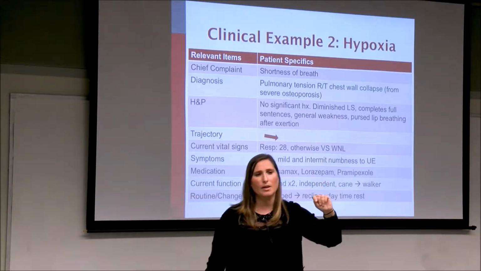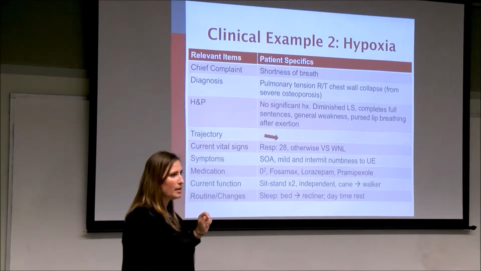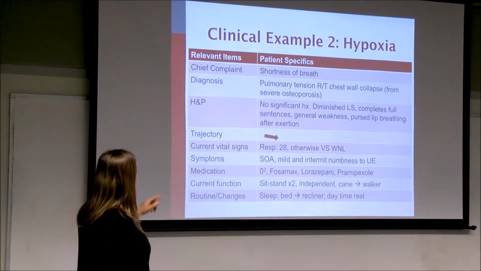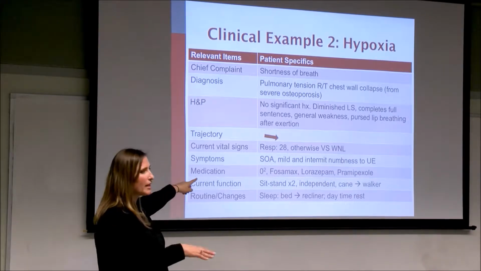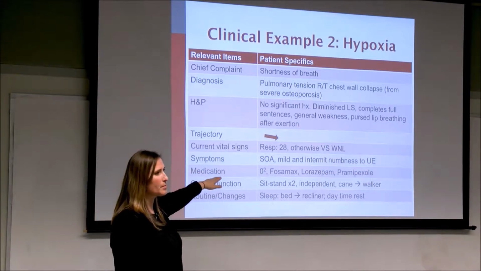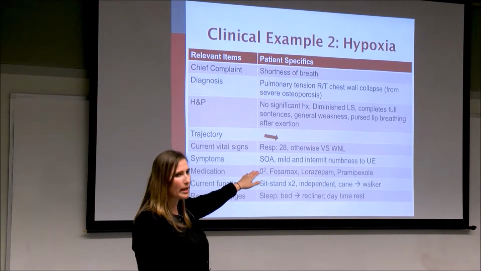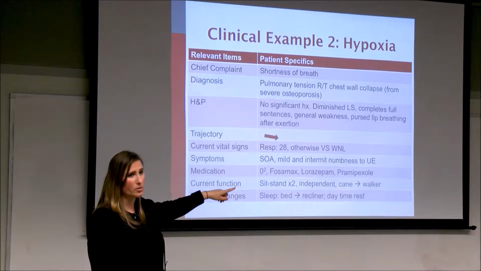So when she gets up and walks to the bathroom, she's doing this. Okay? She's in a downward trajectory as well, so she's getting worse over time. Her resting respiratory rate, not on exertion, is 28. Normal for an adult is 12 to 20.